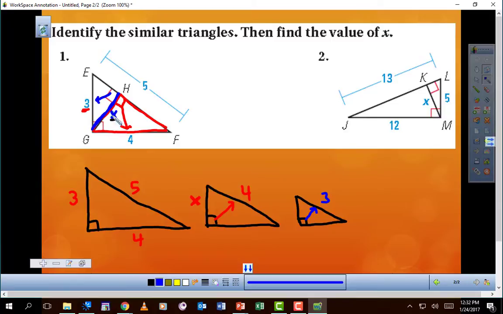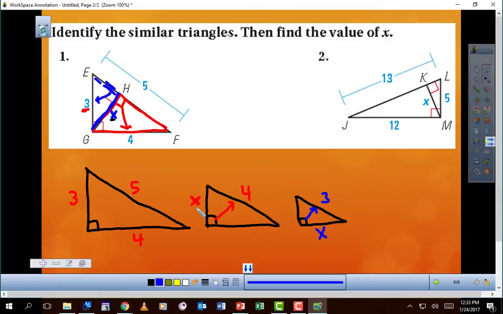Now, that x is the long side of, well, it's the medium. This is the longest side. That's the hypotenuse. This is one of the legs, but this is the longer leg. This is the shorter leg over here. So that x goes here. Okay? You see what I've done? This step that I just did is a little bit tricky. Okay?